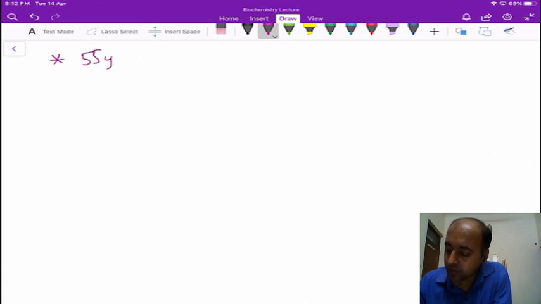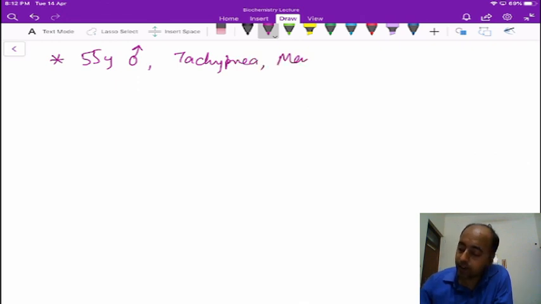A 55-year-old male, with tachypnea, meaning increased rate of respiration, and mental confusion.